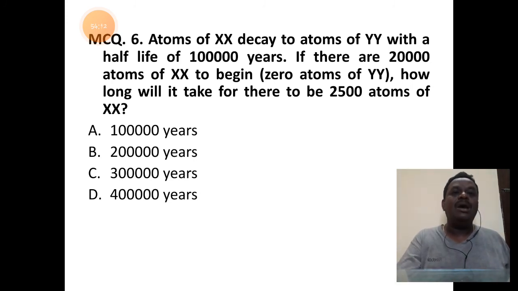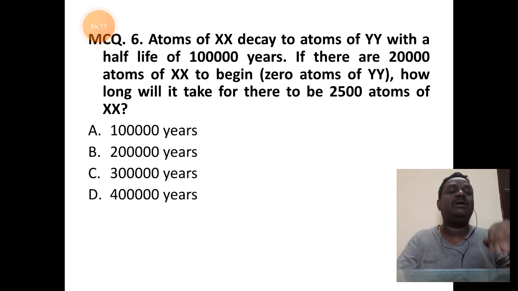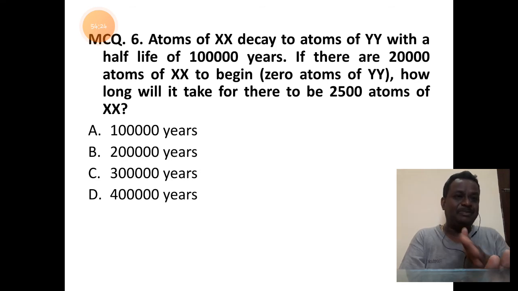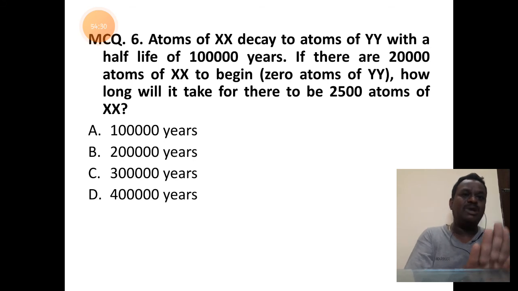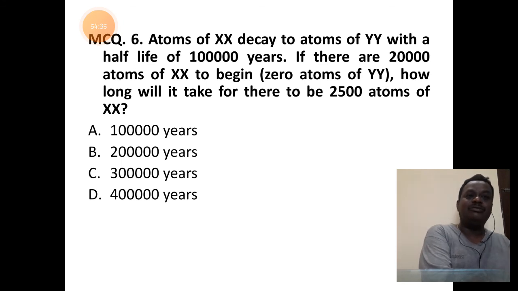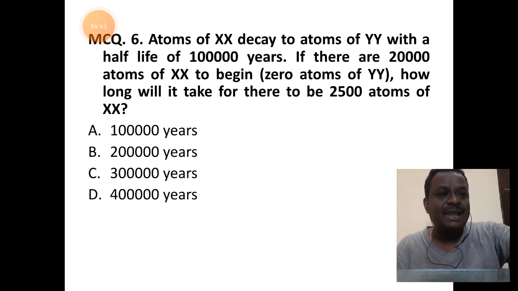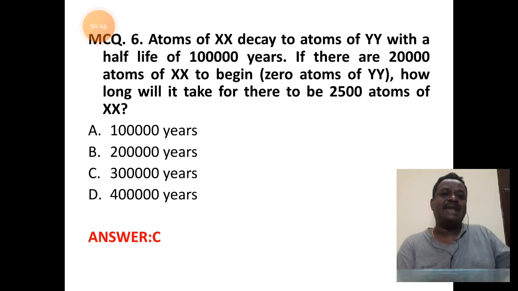How long will it take for there to be 2,500 atoms of X? So 20,000 initially should break down to form 10,000. That is 50% of it for 1 lakh years. For the next 1 lakh years, this 10,000 will convert into 5,000. In another 1 lakh years, this 5,000 will reduce to 2,500. So the answer is 3 lakh years, because if you add 1 lakh three times, it will be 3 lakh.